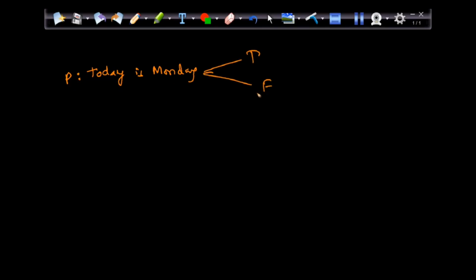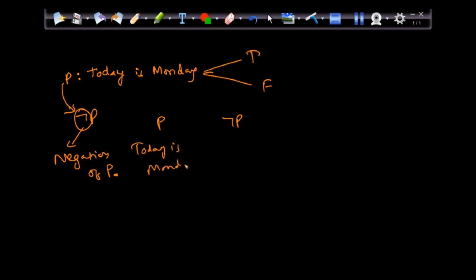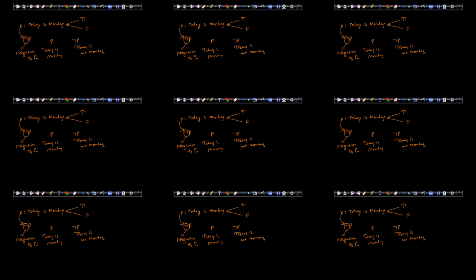But if I put NOT P, then this NOT is the negation of P, and its truth value will be the opposite of P. So one is P and one is NOT P, and they represent two opposing facts. If P represents today is Monday, then NOT P represents today is not Monday. That's what NOT P will represent.